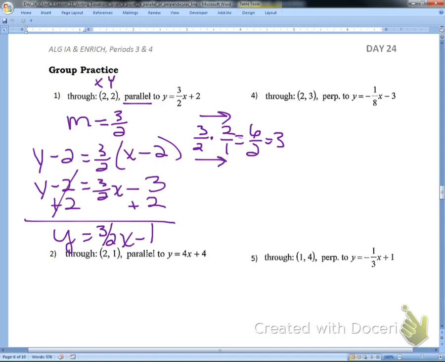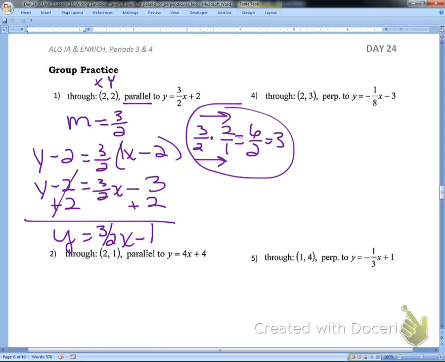Then I distributed 3/2 times x, that's with the coefficient of 1, so it's still 3/2, and then 3/2 times -2, which is a negative, and then over here I multiplied my 3/2 times 2. I had to put a 1 underneath the 2 because you can't multiply a fraction by a whole number, but you can change any whole number to a fraction by simply putting a 1 under it.